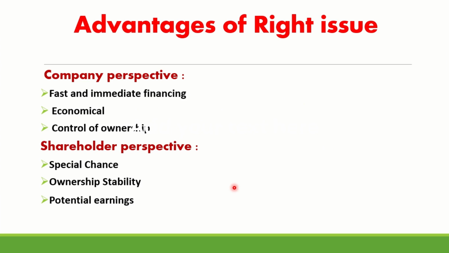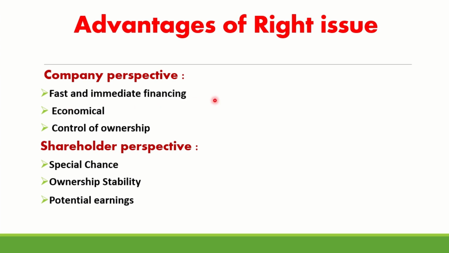And for the next one, what are the pros of a rights issue? What are the advantages of a rights issue from the company's perspective? We are going to look at the company's perspective as well as the shareholders' perspective. So what advantages does the company get while issuing a rights issue? First, immediate financing.